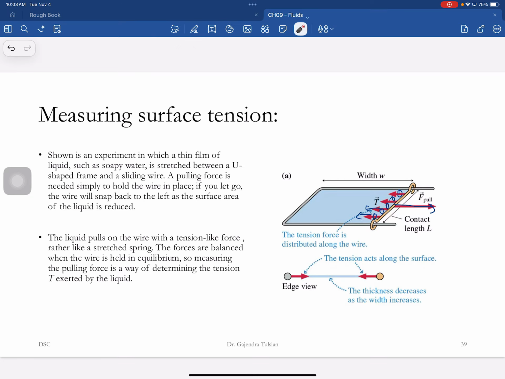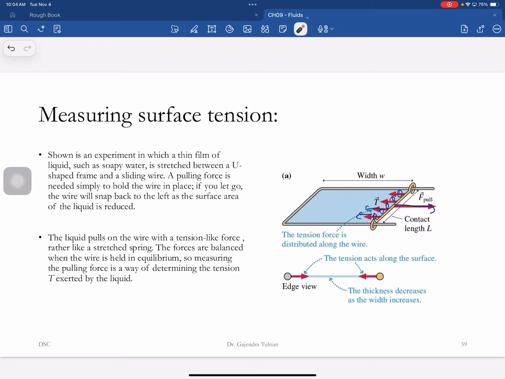All right, so shown is this experiment in which a liquid film such as soapy water is stretched between this contraption. A pulling force is needed simply to hold the wire. So you need to have a force to hold the wire. If you let go of the force, the liquid will snap this wire back. Okay, and so you use this contraption to measure the surface tension.